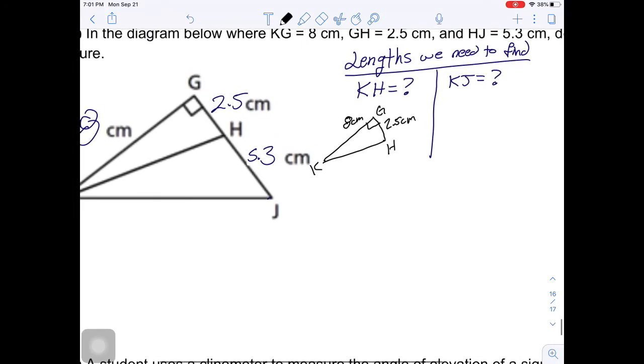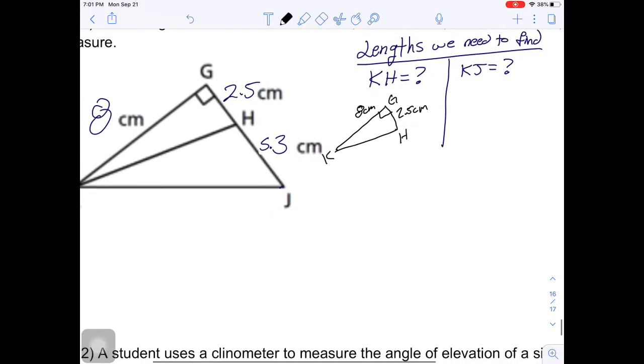Okay, so at this point, looking at this question here, I'm trying to find K to H. Well, remember, anytime you're faced with a right angle triangle, determine where your hypotenuse is. The hypotenuse is the opposite side of the 90-degree angle, so that's K to H. So this is my hypotenuse. Now recognize you have two sides and you're looking for one.